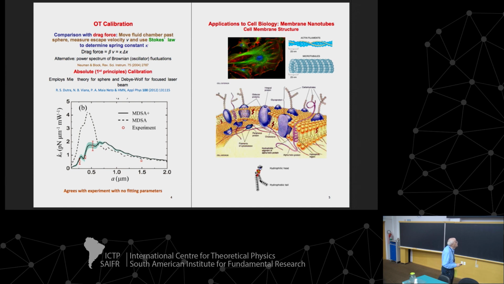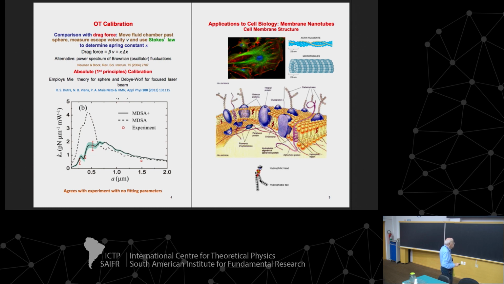And what do you need for that? Okay. As I mentioned, it needs Mie theory, and it needs to use a representation for the focused laser beam, which was first suggested not for lasers, but for ordinary light by Peter Debye, and Emil Wolf extended this to a focused laser beam.